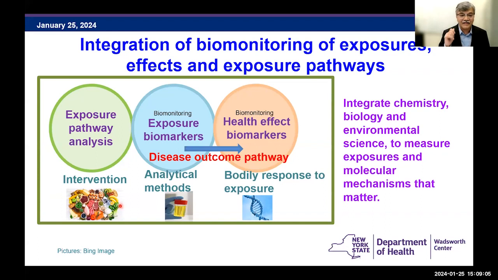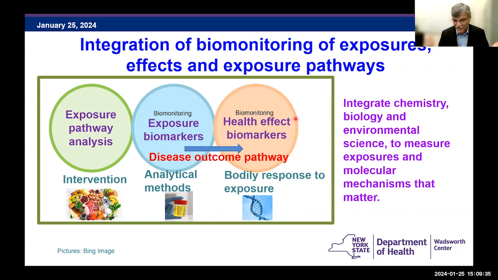When we communicate the results to the public, we need that kind of input. The effect biomarker. The question is, if I'm exposed, are there some effects that can occur because of that exposure? And that can be measured in urine also. So by combining biomonitoring with the effect biomarkers, you can also try to understand the disease outcome pathway, adverse outcome pathway. And we have done that.